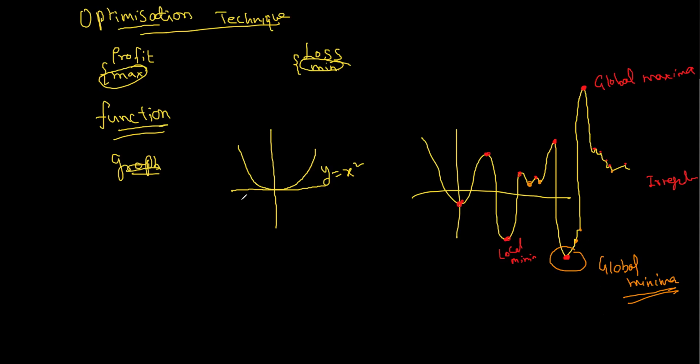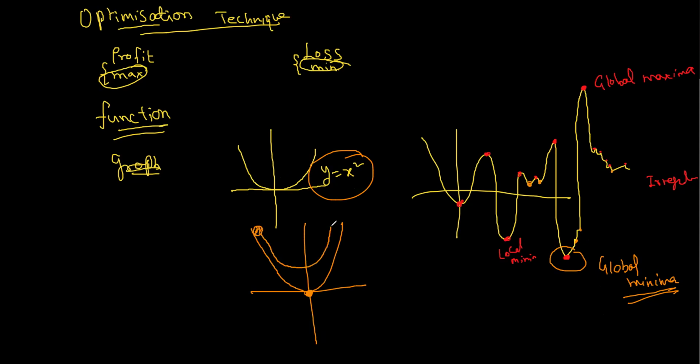So whenever a parabola is given, this is the most bottom point. Suppose you have a ball. When you roll a ball, it rolls like this, right? But after some time, it stays here, right?